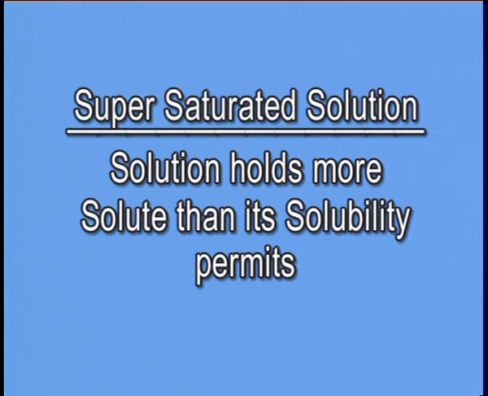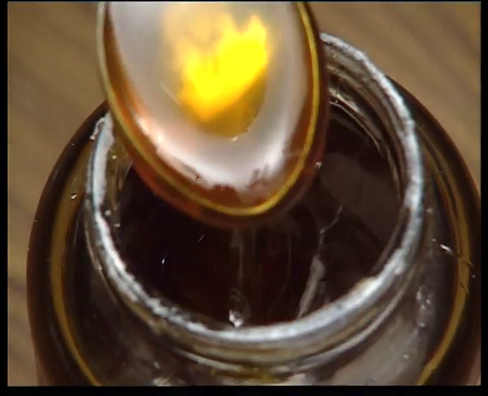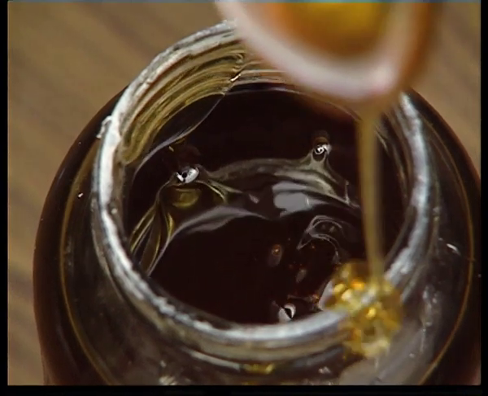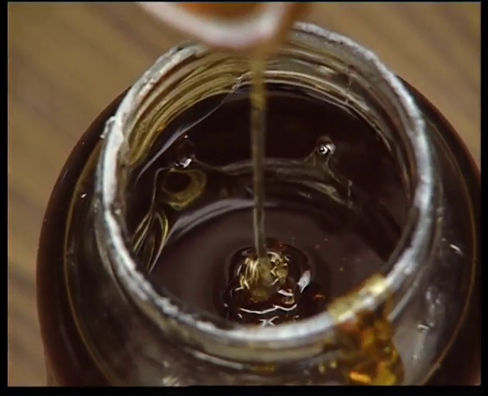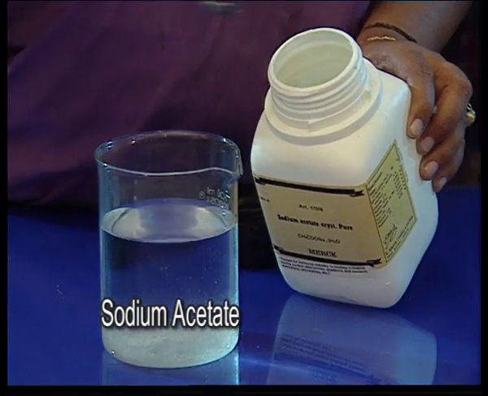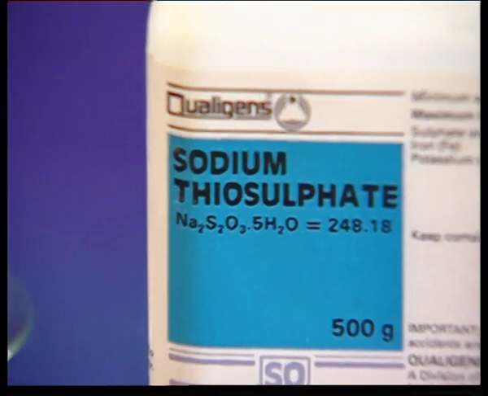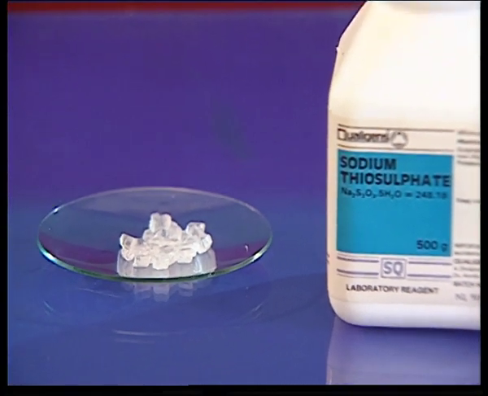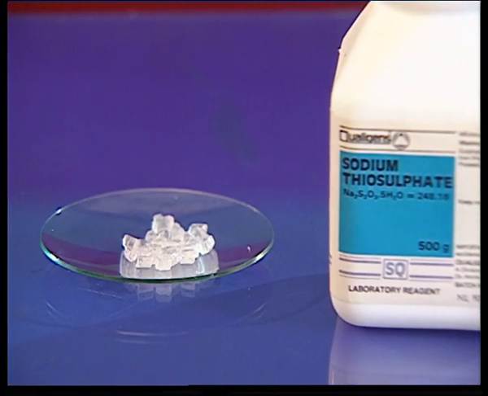We then have a supersaturated solution. Honey is an excellent example of a supersaturated solution of sugars in water. Sodium acetate and sodium thiosulfate are notable examples of compounds that readily form supersaturated solutions.